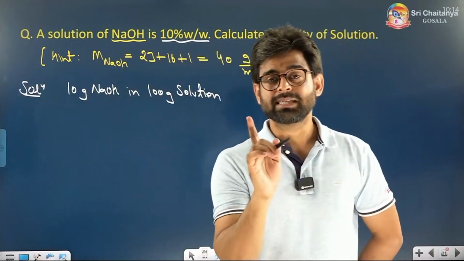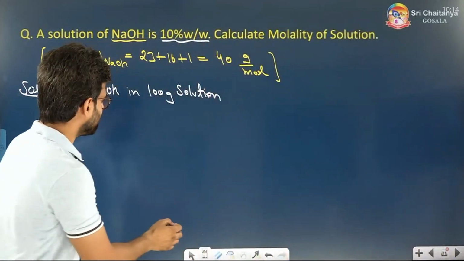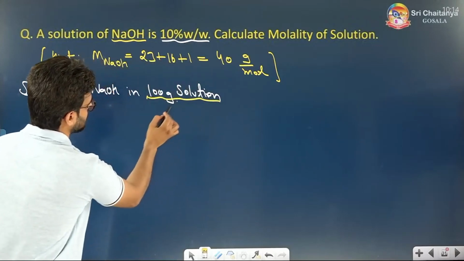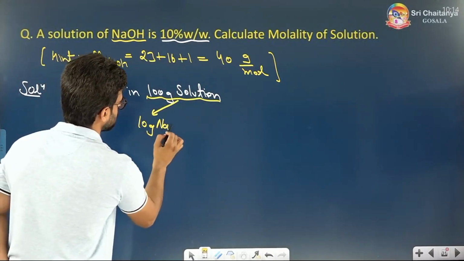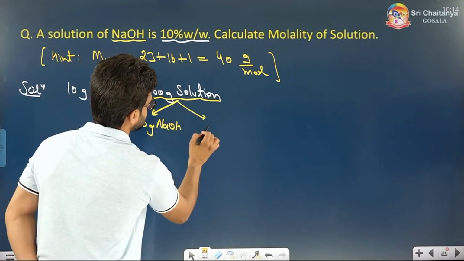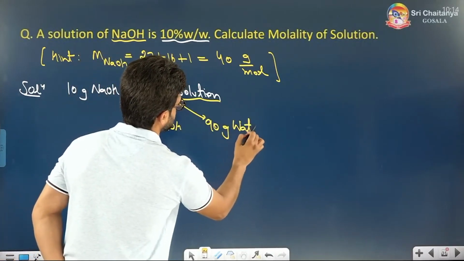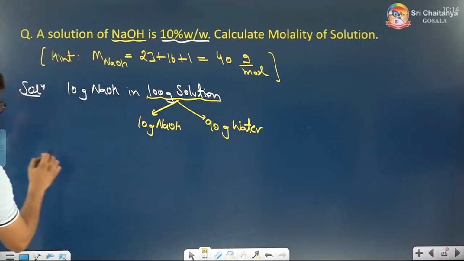It means 10 gram NaOH in 100 gram solution. So from here we are very much clear that 100 gram solution, if it is containing 10 gram NaOH solute, how much is the weight of solvent? 90 gram water, or you can say solvent. Right? Clear? Now it's very easy.